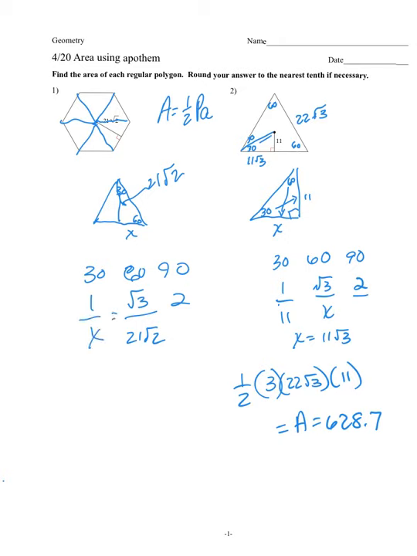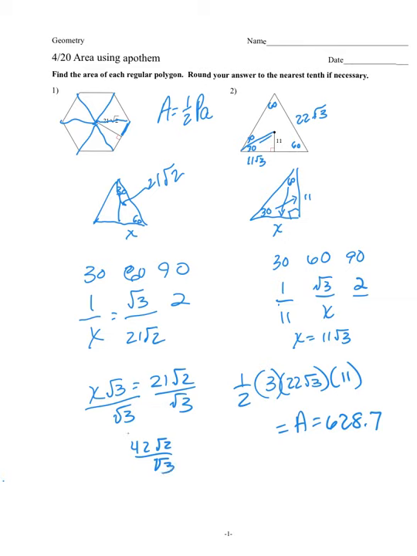So now we do x√3 equals 21√2, and we divide by √3 to find x. But we know, again, that's just half of that triangle side. So we need to multiply that by 2. So it's 42√2 over √3 is the side of that hexagon.